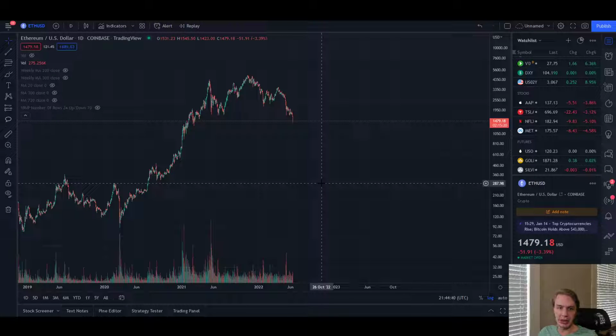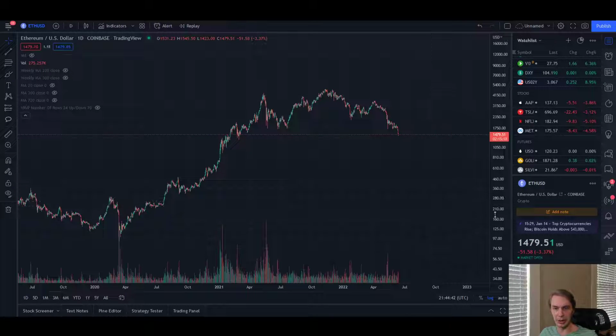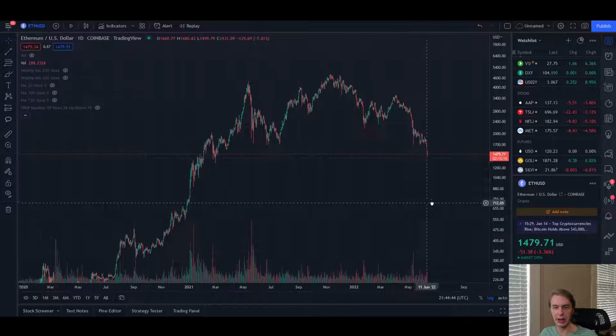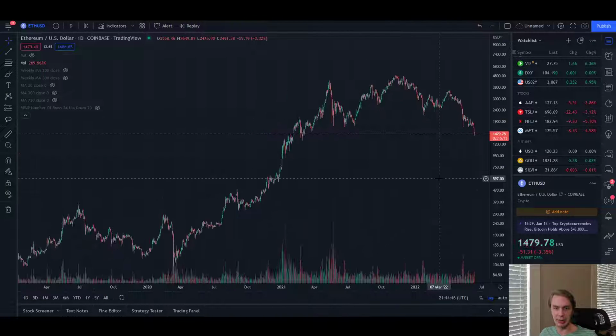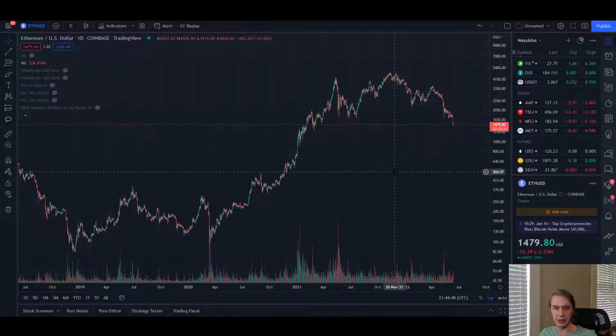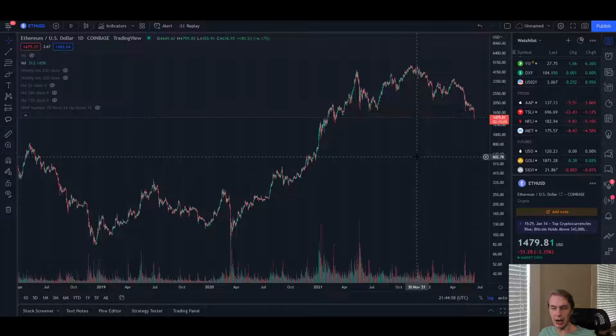And again, my thesis with ETH and the rest of the crypto market has been and will remain that crypto will find its bottom when broader equity and risk assets find their bottom. Once we finally find relief, however long that takes, from inflation and the Fed being hawkish and everything that's pulling down risk assets as we see it right now. Until we find some relief for those things, I personally don't see much reason to believe that we're going to be exiting this bear market.